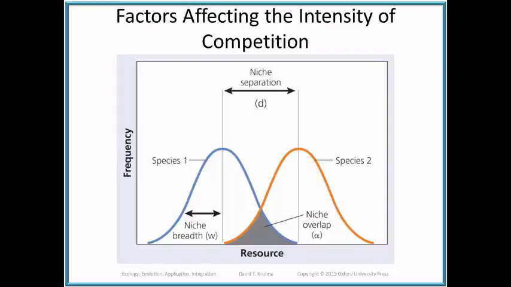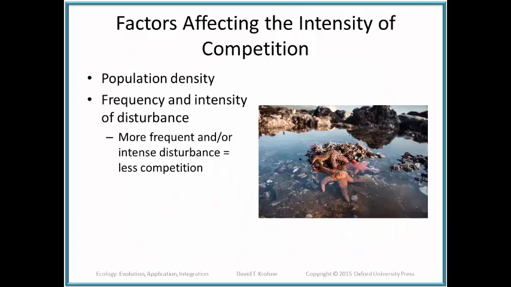As I mentioned before, when there's resource overlap, niche overlap, what will happen is niche separation. That is, the more overlap, the more intense the competition may be, and what will happen is we'll try to separate or drive those species apart.